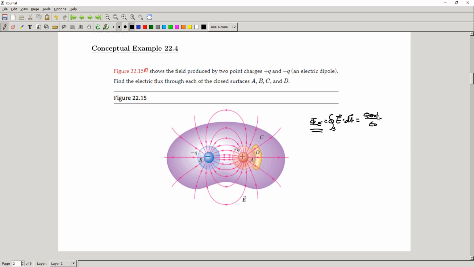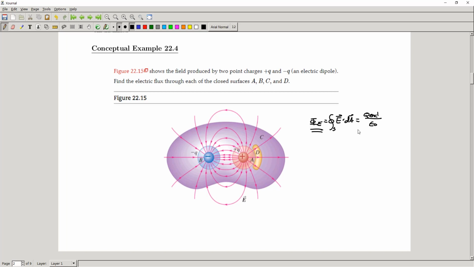We could look at the integral that we would have to do, but if we tried to do this integral over this enclosing surface A, it would be pretty difficult because our electric field is not uniform. The electric field is much stronger toward our negative charge, the dipole partner, and a lot weaker on the opposite side. So this would be a very complicated integral to try to do. You'd have to do a 3D integral with a non-constant electric field. It would be a nightmare.